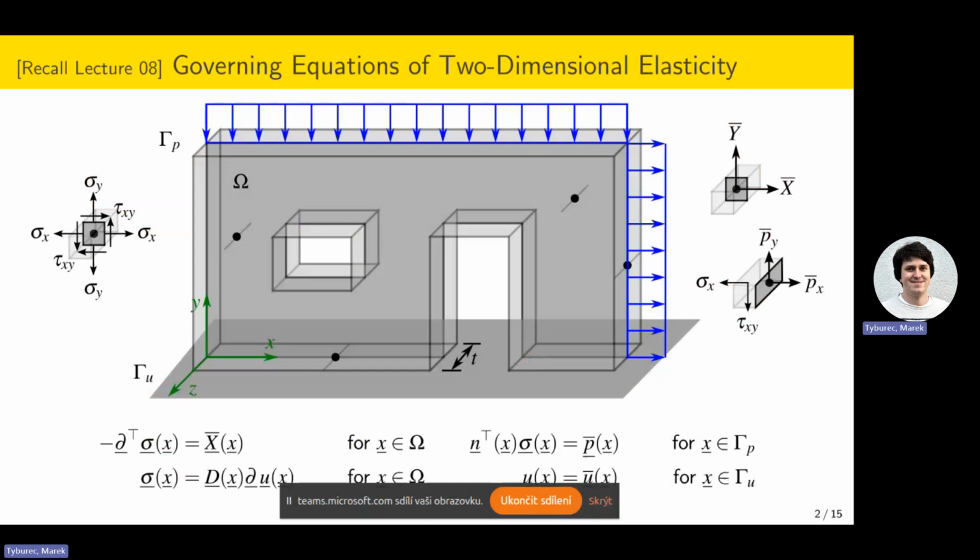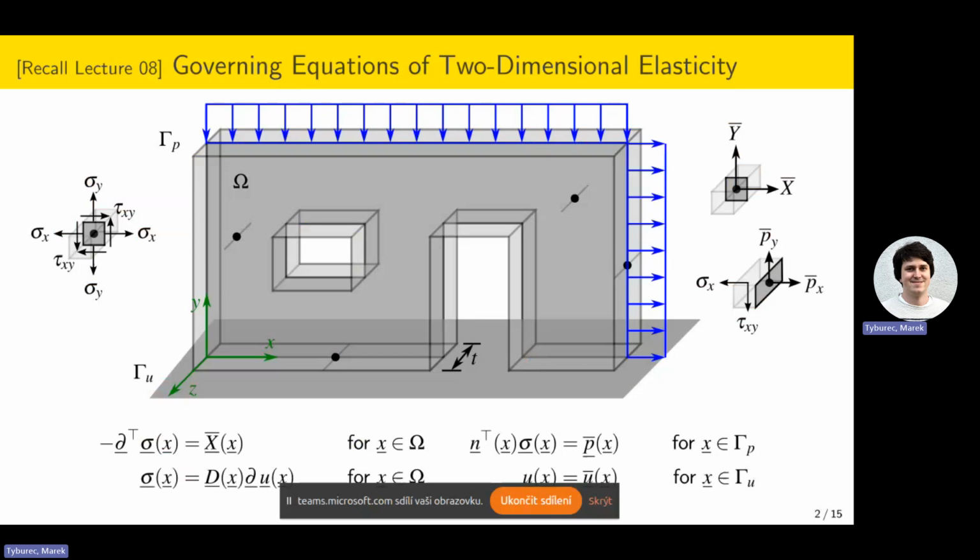And what you can see below, I know that you talked about it a bit. Those are some equations for the problem. Essentially, this means that we need to have some kind of force balance equation. We call it force balance, because this equation holds for all the points within the domain.